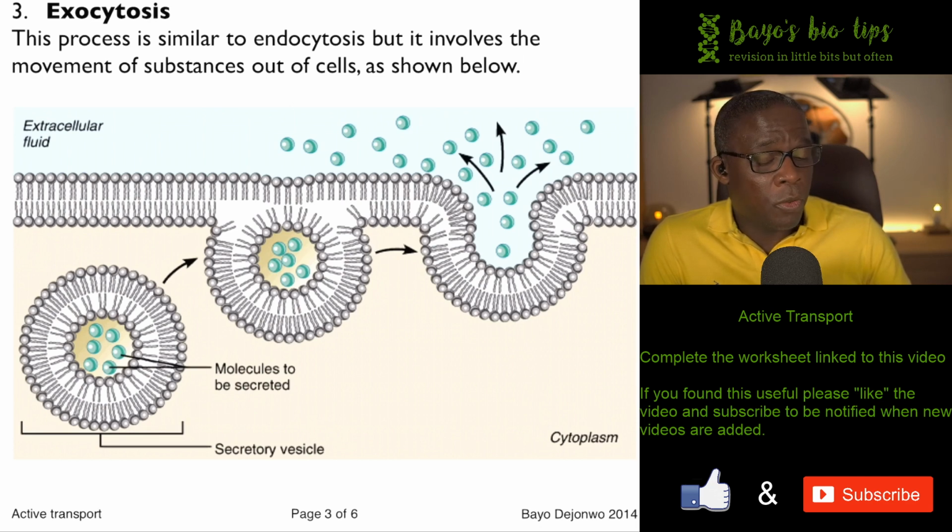You've got something like a secretory vesicle, which is a vesicle that contains a substance that a cell wants to get rid of and pass into the extracellular fluid. You can see that the membrane-bound vesicle fuses with the membrane of the cell and then eventually lets out the teal or light green colored spherical molecules into the extracellular fluid.